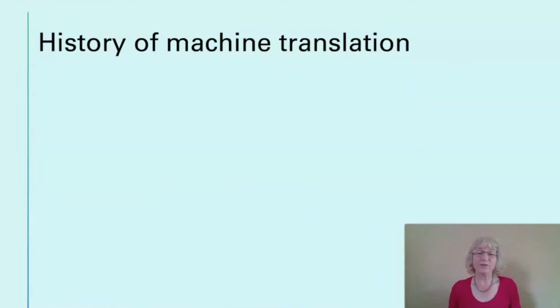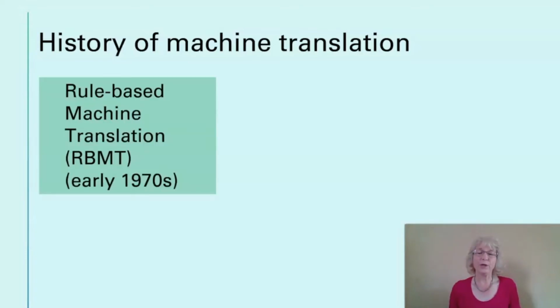The early forms of machine translation were based on statistical probability. Rule-based machine translation combined the dictionary with grammatical rules to produce a lexically and syntactically accurate sentence. The problem was that it could only translate words which were in its database.